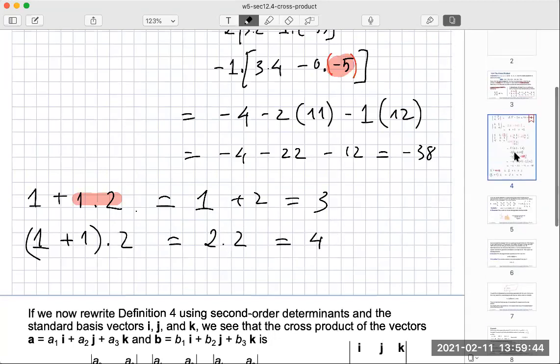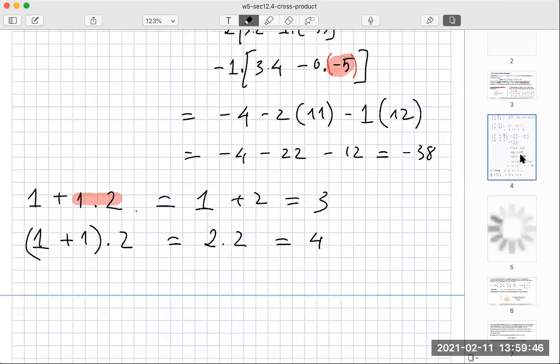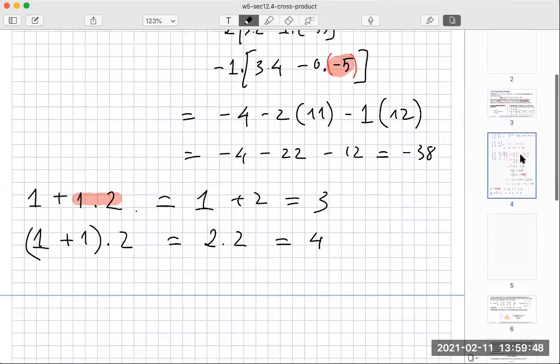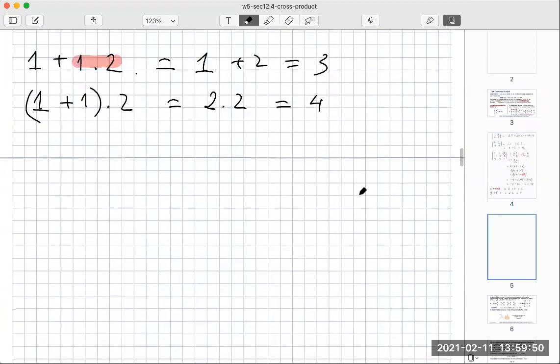So be careful with the parentheses to avoid mistakes, because I saw in the previous test, some of you wrote x squared plus 8 times e to the 2x, for example.